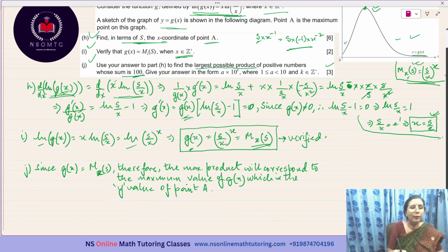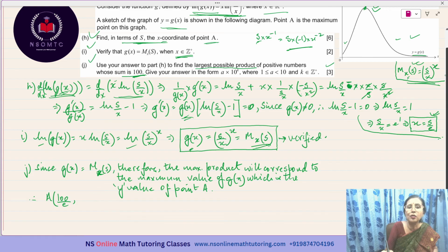So, therefore, what will be the coordinates of the point A? X coordinate is S over E and S is 100 given. So, the X coordinate is 100 over E. And what is the Y coordinate? Y coordinate is mx of S, and what is that?